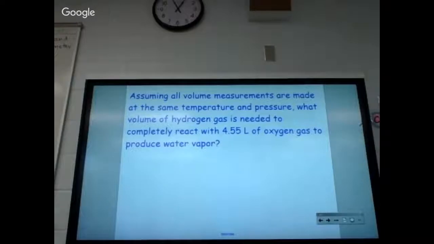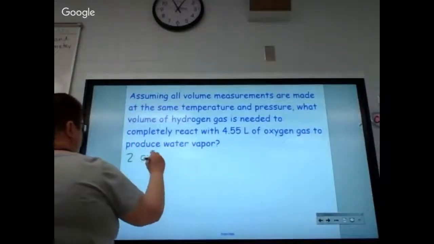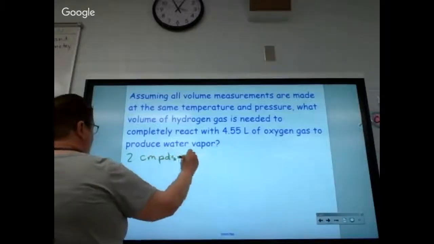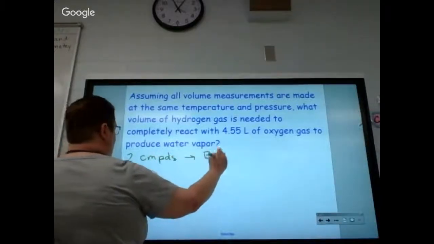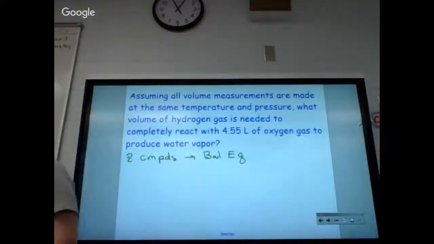It has what? Has two gas elements. All right, it's got 2 compounds. All right, so when you see 2 compounds, that should tell you I need a balanced equation. Okay? That's one thing. What else does it say in there that's going to tell you, oh, I need to do that?